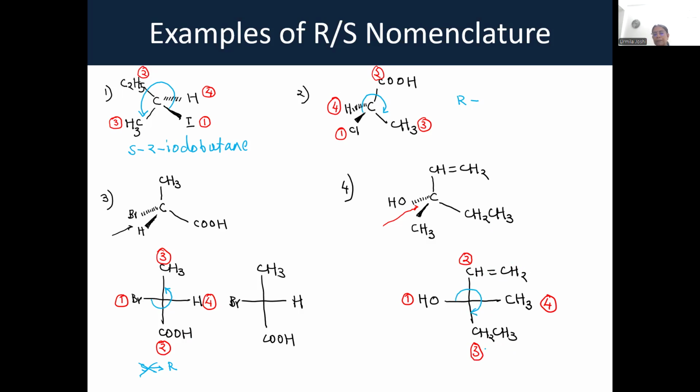This is clockwise. Right? But fourth priority is on the horizontal line, irrespective of whether it is on the left or on the right. It is on the horizontal line. So reverse. So it is going to be S. I hope this is clear to you.